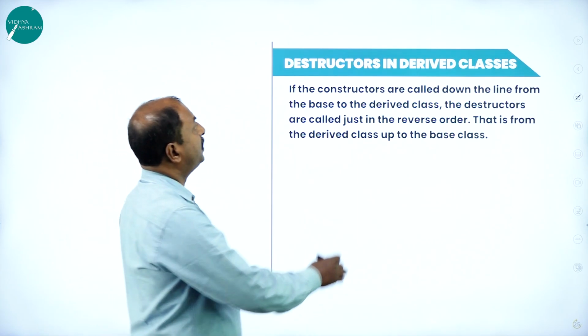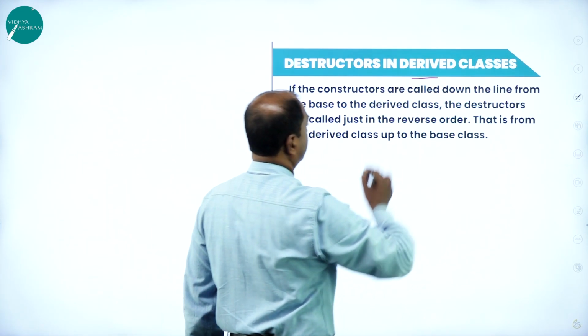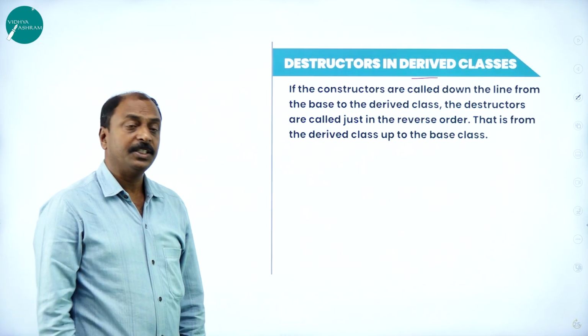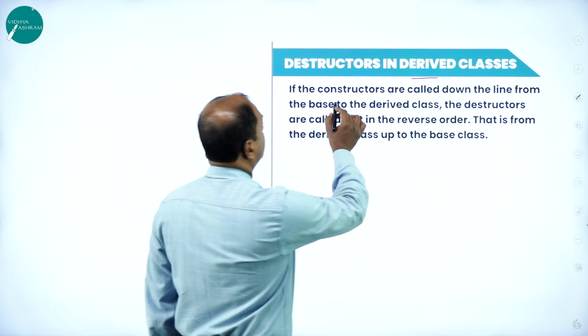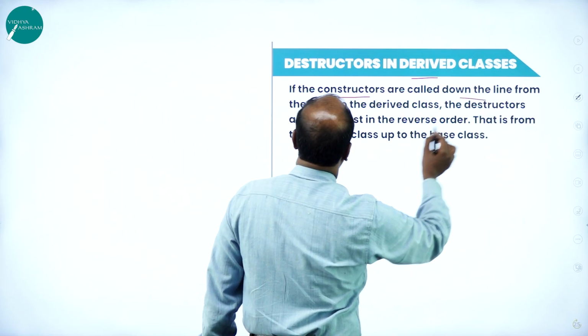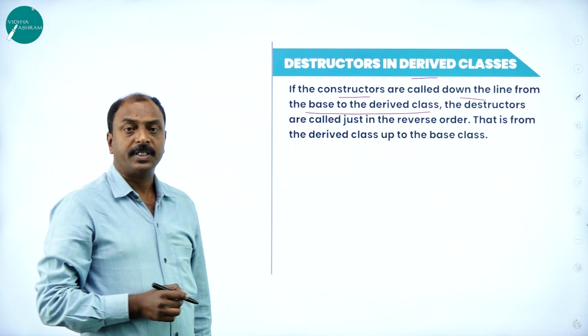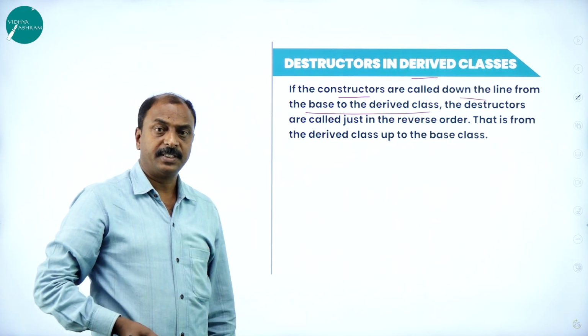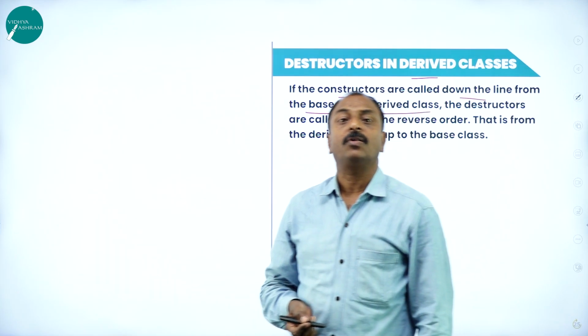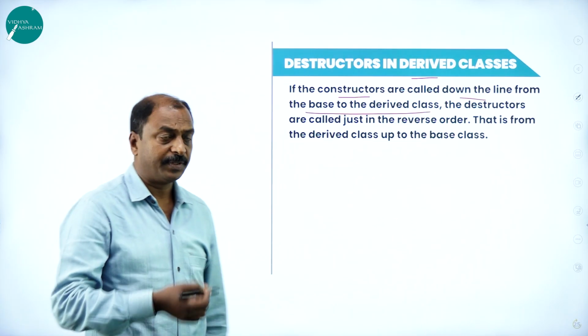Next one is destructors in derived classes. We know what constructors and destructors are. The constructors are called down the line from the base to the derived classes. When you use constructors in base and derived classes, we call the constructors of the base class, then the derived classes.